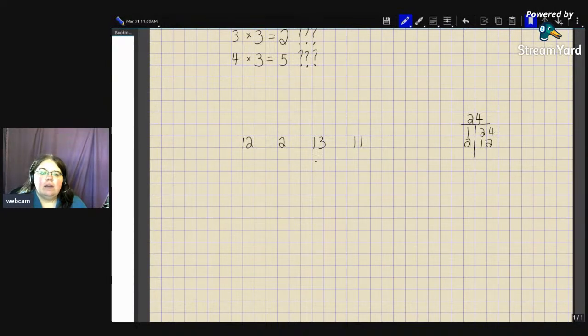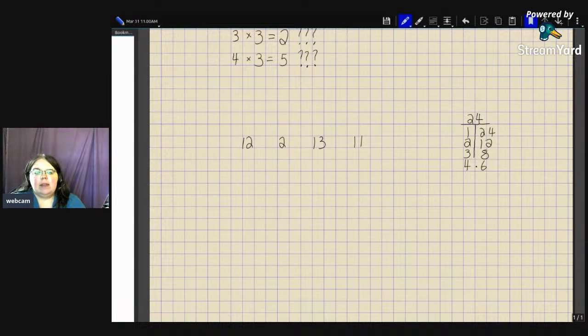I see we could get a 2 by doing 13 minus 11, but then we'd still need to figure out something to do with the 12 and the 2. Let's see, 3 times 8, or 4 times 6. 5 doesn't work, and then we're in repeats.